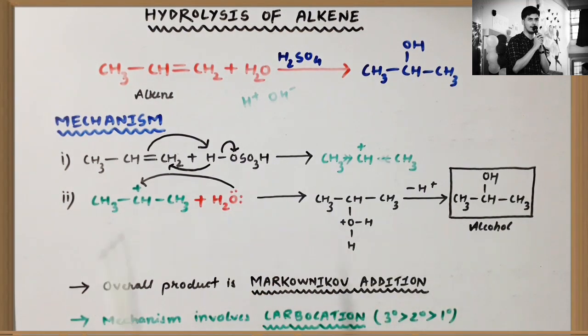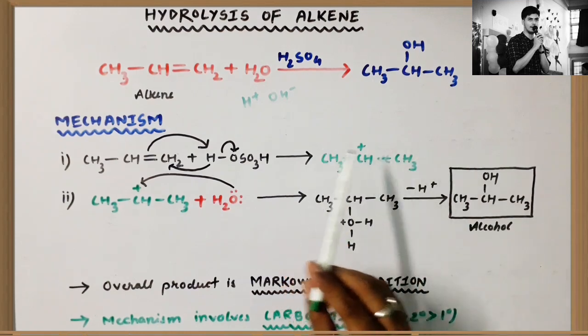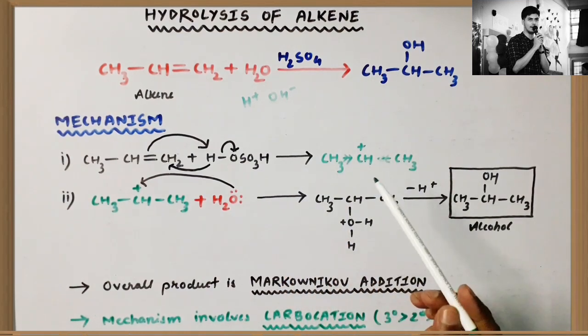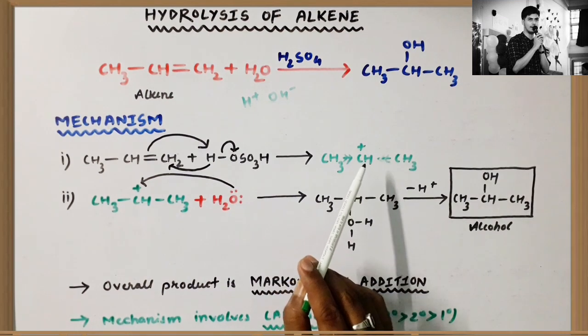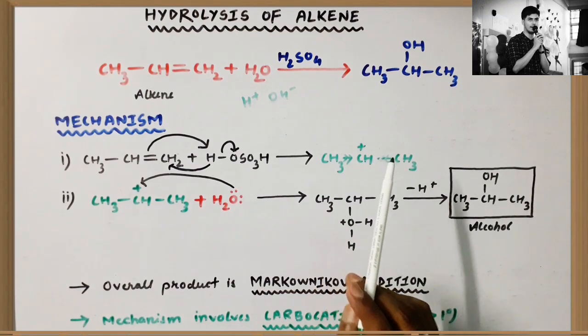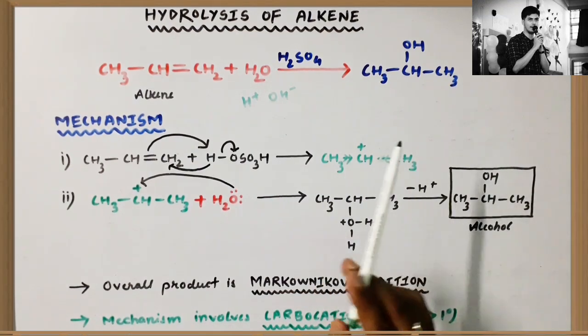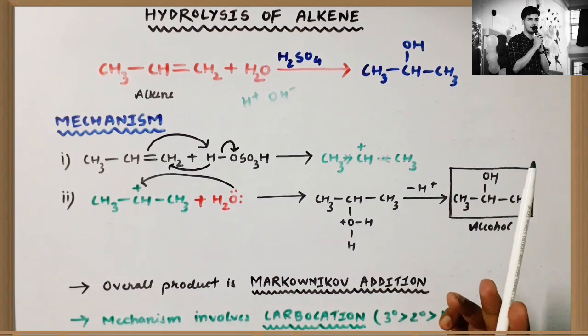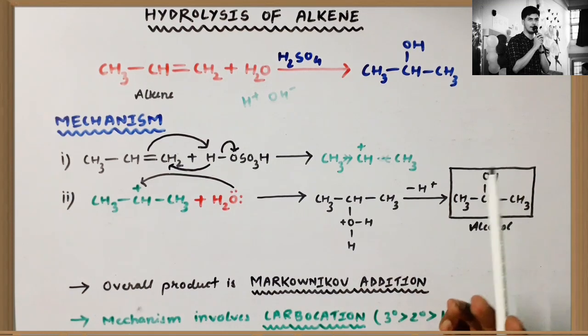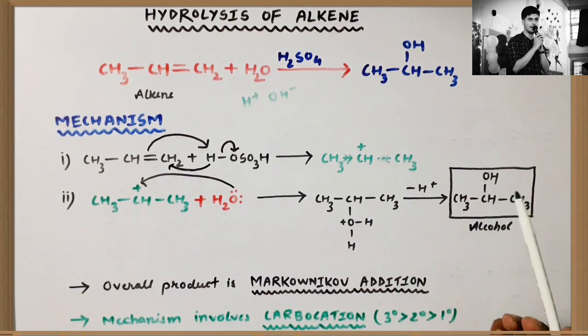But since the mechanism involves a carbocation intermediate, rearrangement may take place. If the carbocation is 1-degree and has an opportunity to rearrange to 2-degree, it will go to 2-degree carbocation, or if it can rearrange to a 3-degree carbocation, it will go to 3-degree carbocation, because 3-degree carbocations are the most stable and hence the product will form very fast compared to 2-degree and 1-degree. Eventually we will get an alcohol depending upon whether the carbocation is 2-degree, 3-degree or 1-degree.